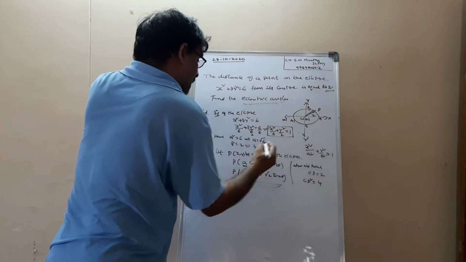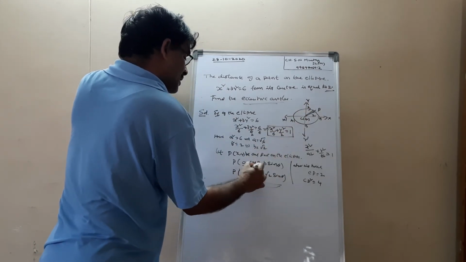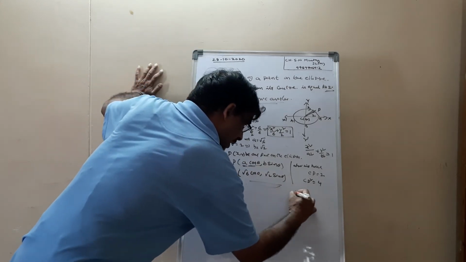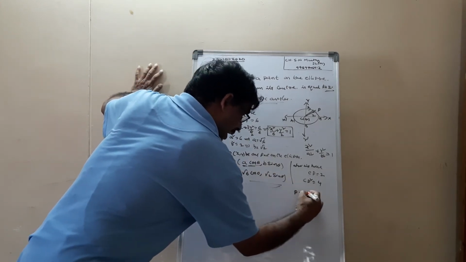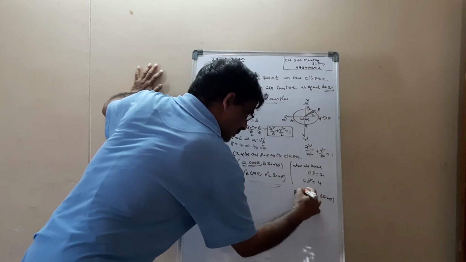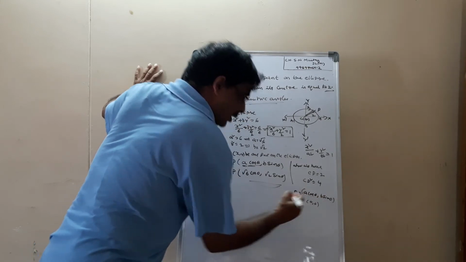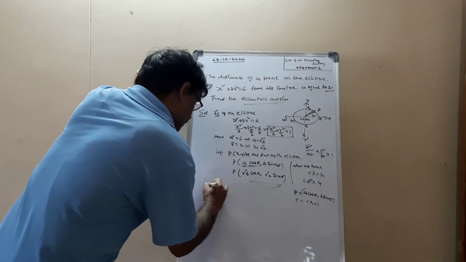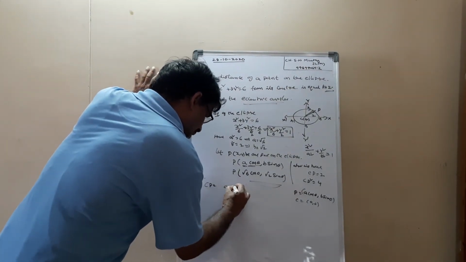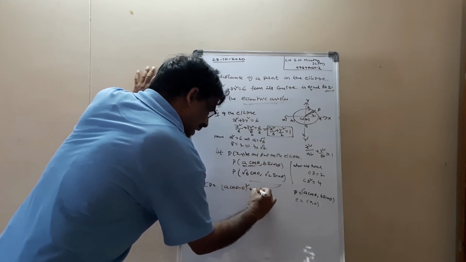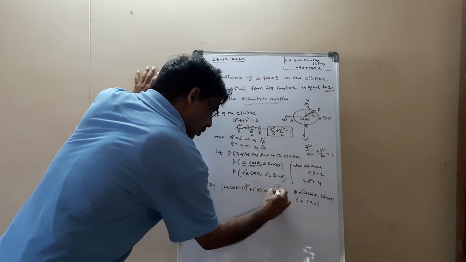See, what are the coordinates of P? These are the coordinates. Distance between point P and C. P equals a cos theta comma b sin theta. C equals 0 comma 0. Distance CP equals the square root of a cos theta minus 0 whole square plus b sin theta minus 0 whole square.